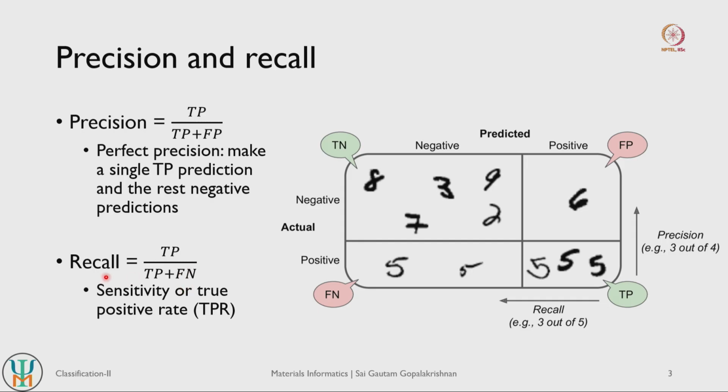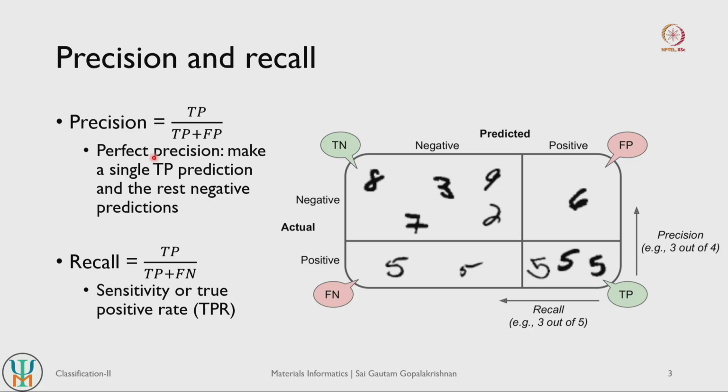Recall is also sometimes referred to as sensitivity or true positive rate, TPR. Precision and recall are both very useful ways of quantifying the performance of classification models.